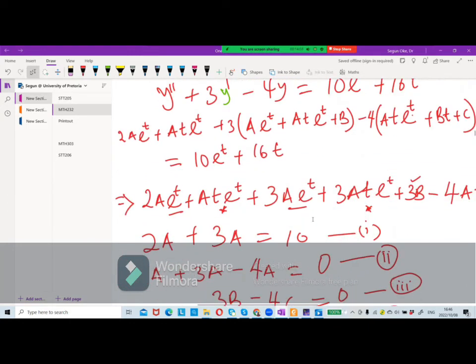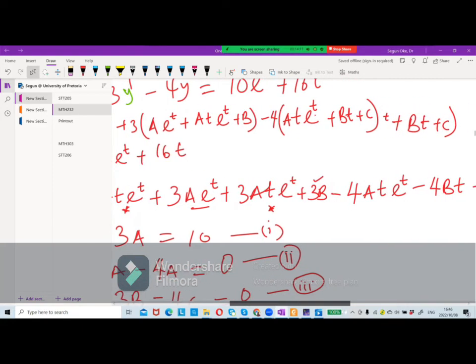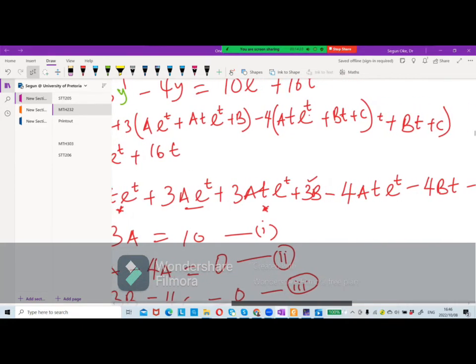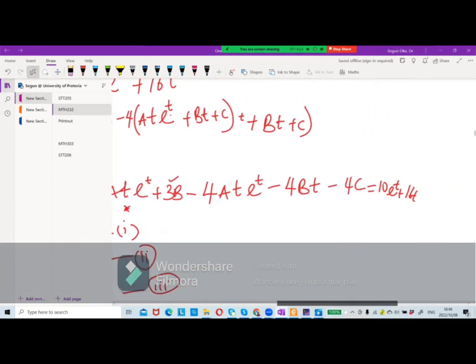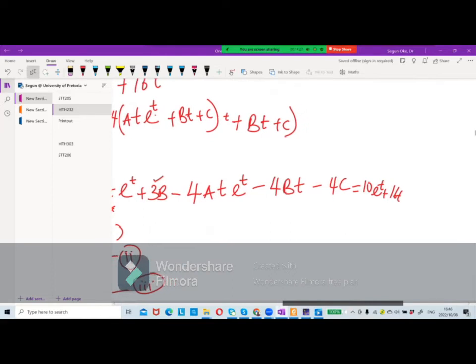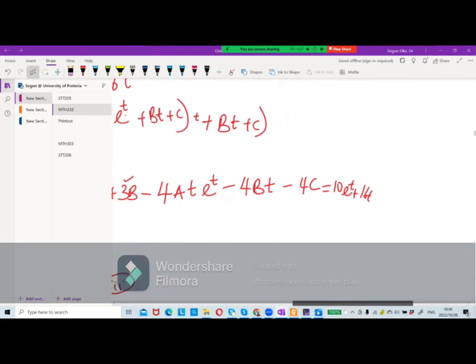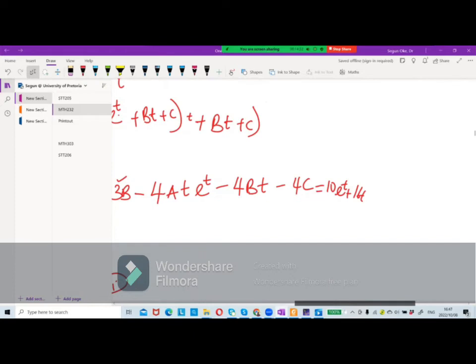So when you open the brackets, you have 2a exponential t, 3a exponential t plus 3at exponential t plus 3b minus 4a exponential t minus 4at exponential t minus 4bt minus 4c equals 10 exponential t plus 16t.